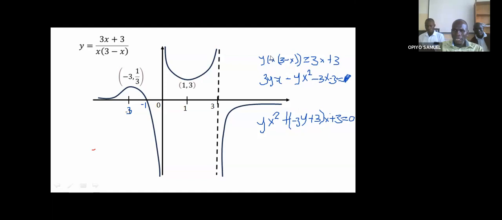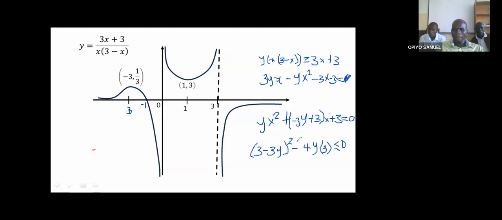So it means in this case, our b will be, let me write it this way, 3 minus 3y. This one we square it. Then minus 4, a is this y and c is 3, so this will be times 3. And you make this less than or equal to 0. Then you will solve for the values of y.